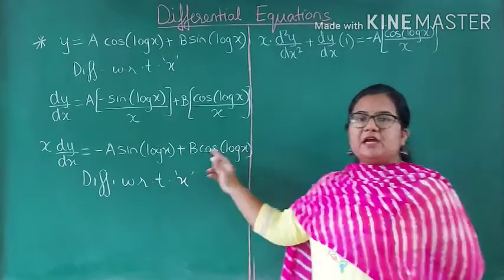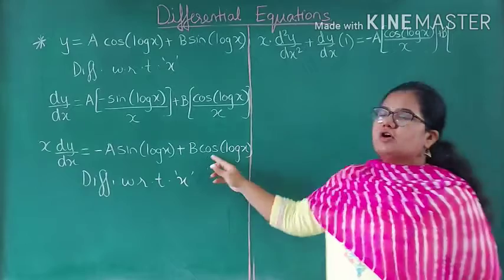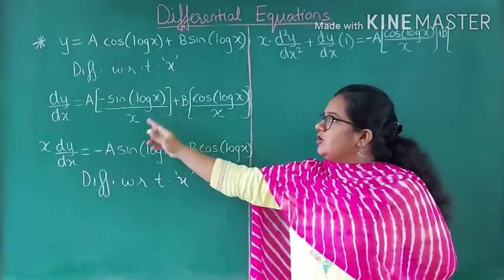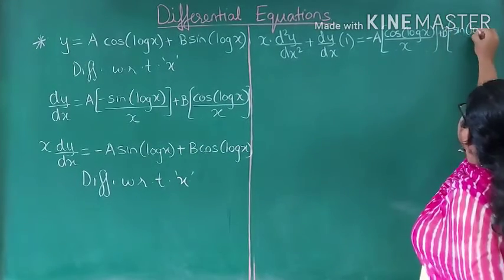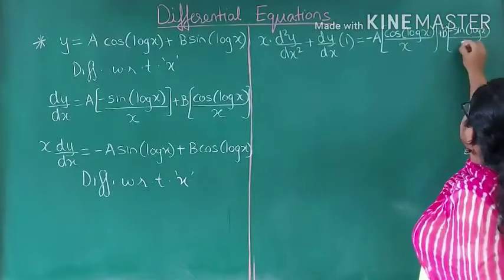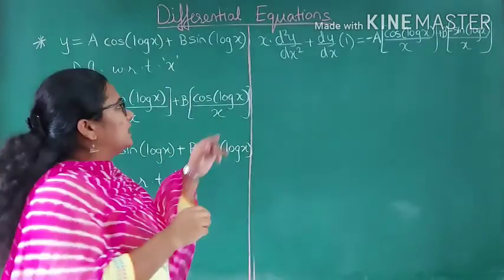Then plus b into derivative of cos of log x is minus sin log x upon x. So minus sin log x upon x. Yes. So this is the derivative.